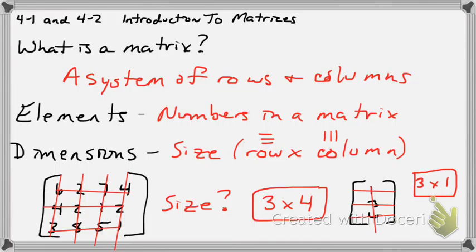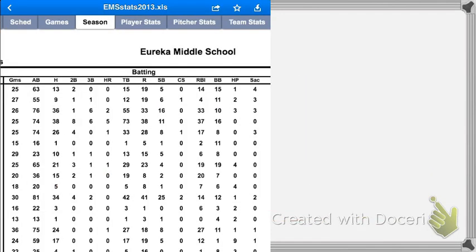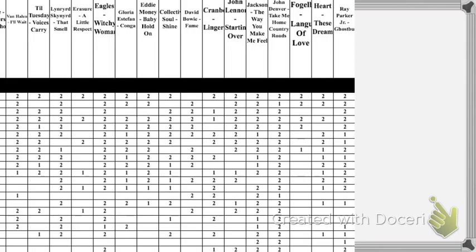Okay? So, here's an example of a matrix. The way I do softball stats, put them in a matrix, grid them up. Here's the 2013 Eureka Middle School softball stats. Names redacted. That's just one example. A few years ago, we used to do Name That Tune with the teachers, and we would tally the results with a matrix.